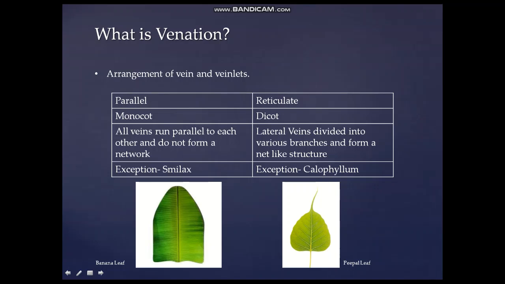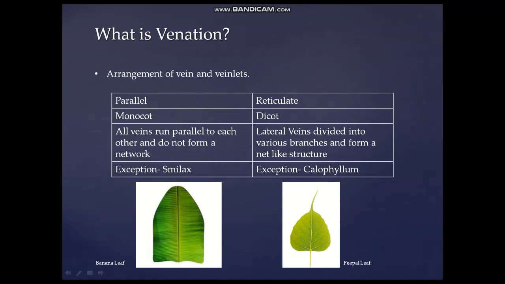Venation is of two types, parallel and reticulate. Parallel venation is usually found in monocot plants, and reticulate, the word indicates reti means network. Reticulate venation is commonly found in dicot.